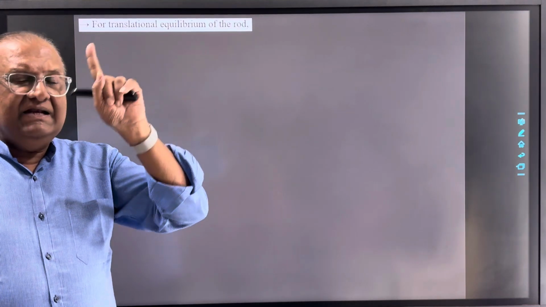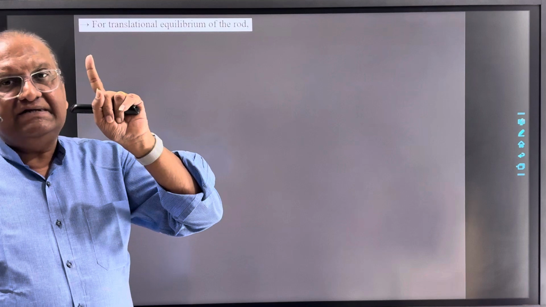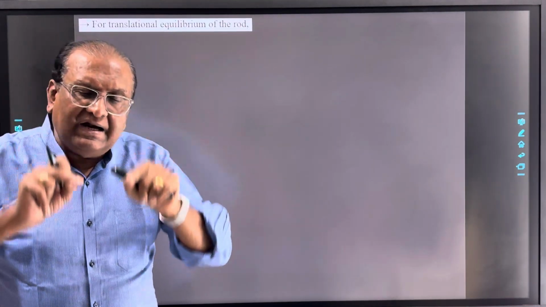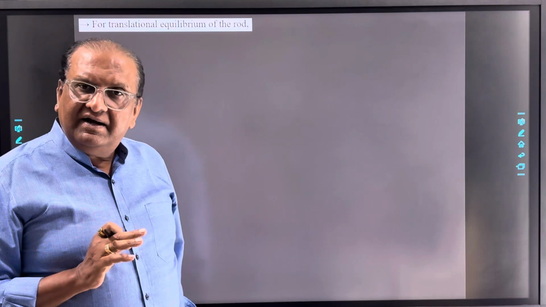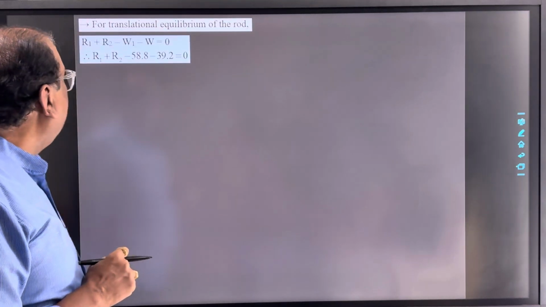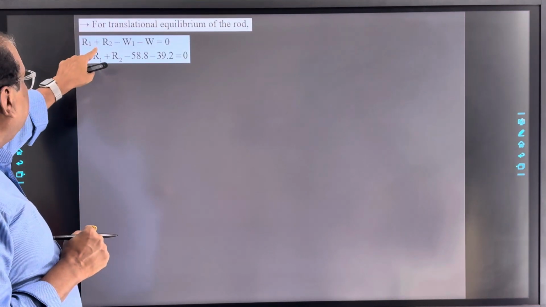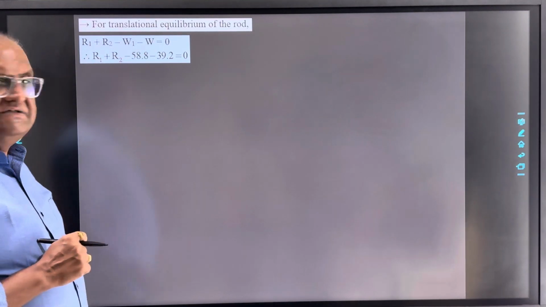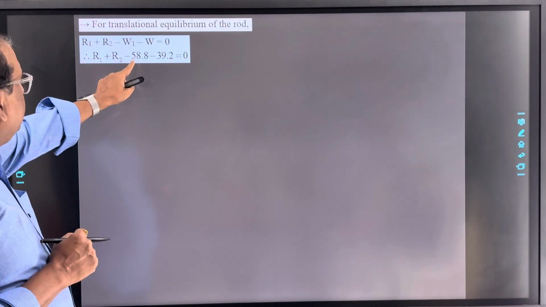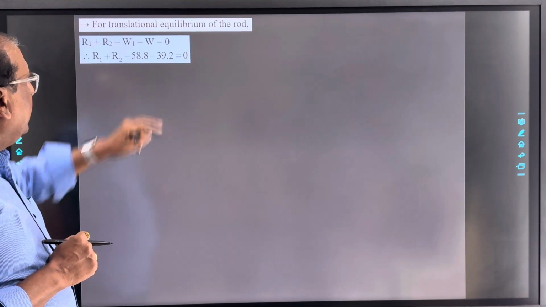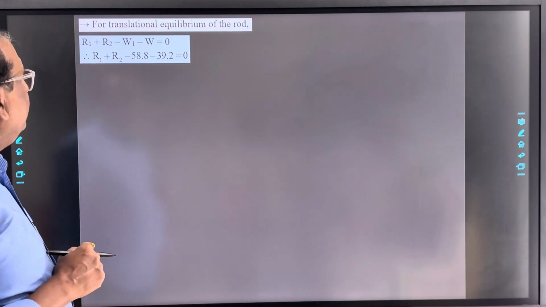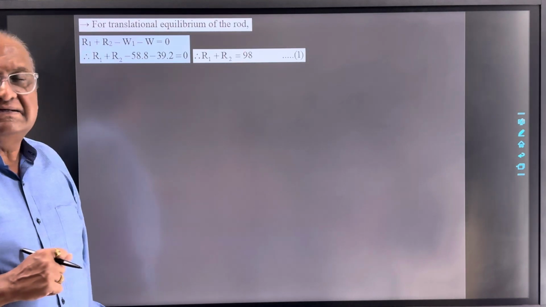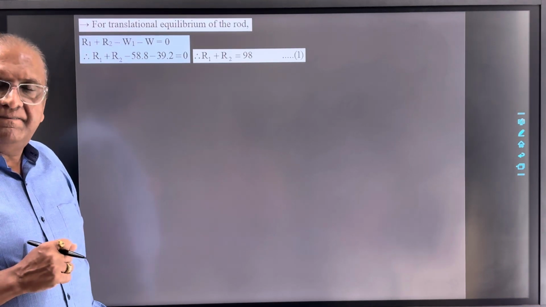Two reactions are in upward direction, which will be considered positive, and W and W1 are downward, will be considered negative. So net force, that is R1 plus R2 minus W1 minus W, is 0. Substitute here values of W1 and W. So we can write R1 plus R2 is 98. Say this is equation number 1.